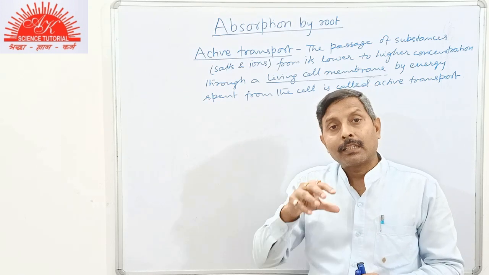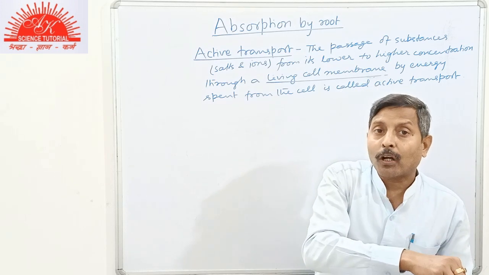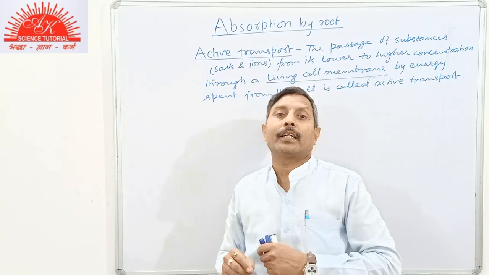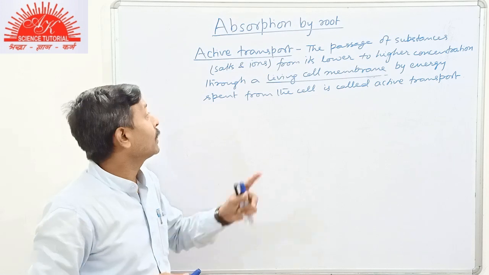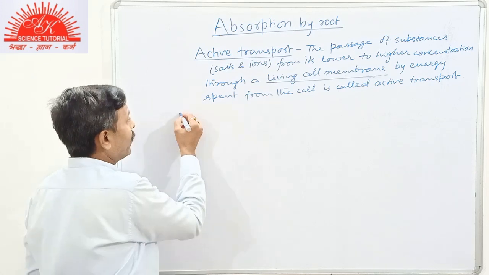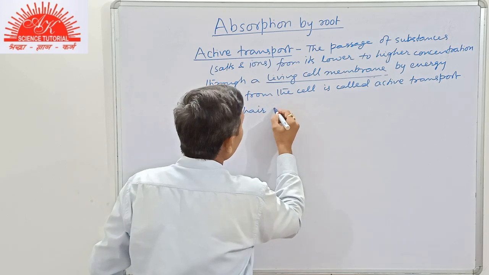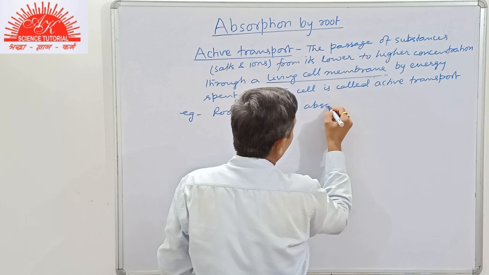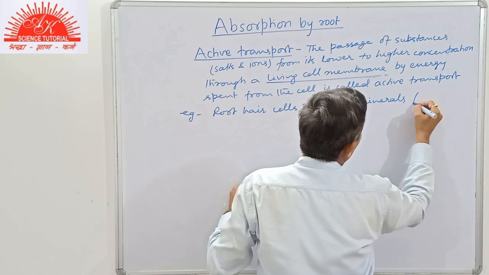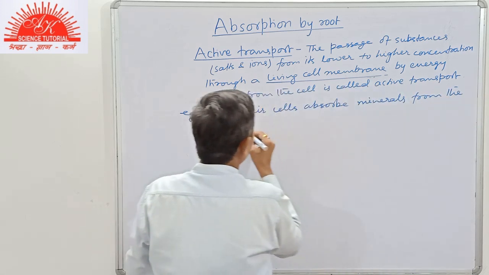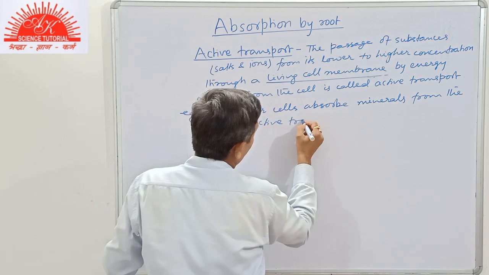In that case, the molecules of salt and ions present in the soil are moving from lower to higher concentration through the cell membrane of root hair cell, and hence energy is required which is spent by the cell. So we write here example: root hair cells absorb minerals from the soil by active transport.